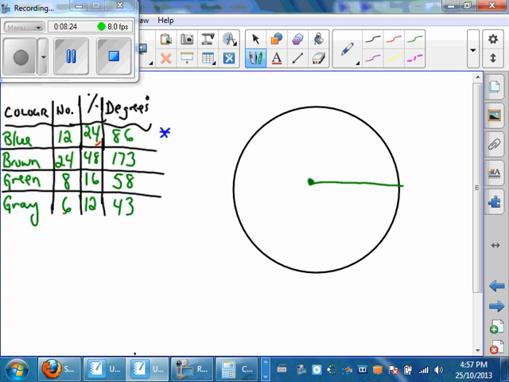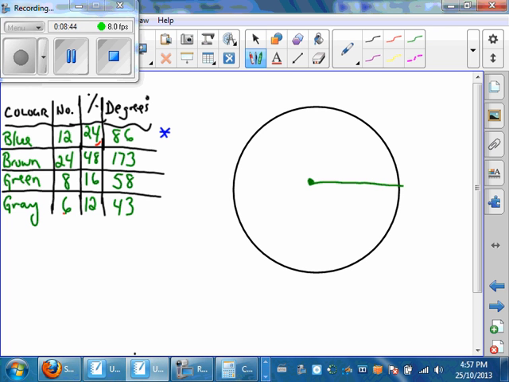Which means that there are 12 out of 50 students, which means 24% of the students in this group have blue eyes, and that translates to an 86 degree angle. That's because 24% of a 360 degree angle, which would be a complete circle, is 86 degrees.